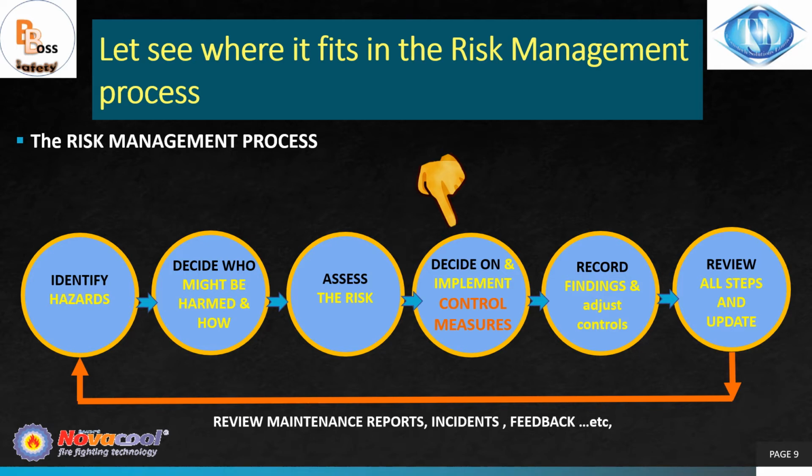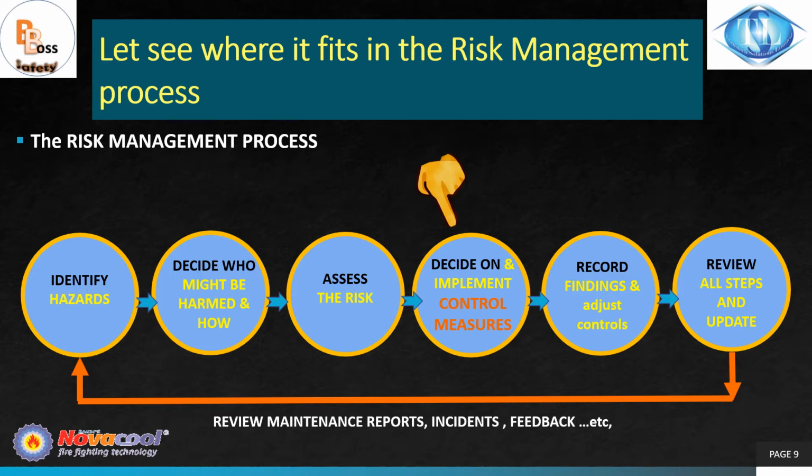And then we do the risk assessment from a matrix that you will learn in a future module. And then we decide on the implementation of the control measures. Why does this come after the risk assessment? Because sometimes the risk is acceptable. It's very low risk. Maybe sometimes we don't need to do something about it.